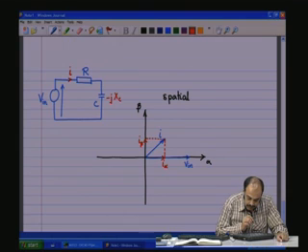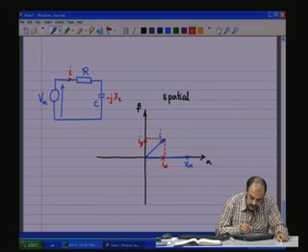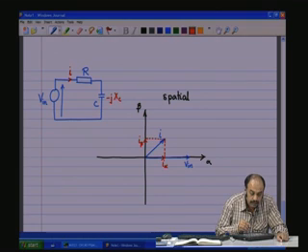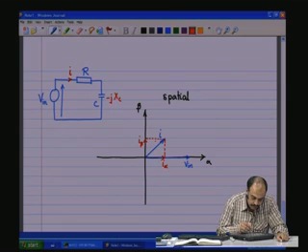So, given this situation here, the in phase component when multiplied by R gives you I alpha into R, which is the voltage across R. The I beta is due to the capacitive portion.